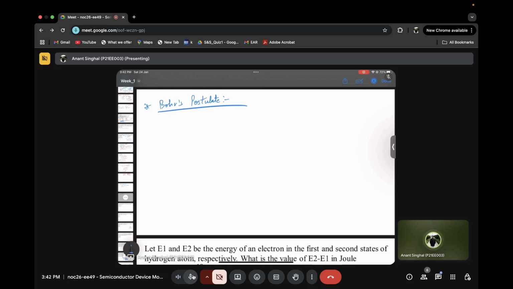So Bohr's postulates that we study, we know that we have three postulates. The first postulate says that energy is not continuous, or energy is not present everywhere, but it is present in discrete nature. So energy is discrete, and let's say this is a nucleus, so we have energy present at different levels, which we call shells or bands.